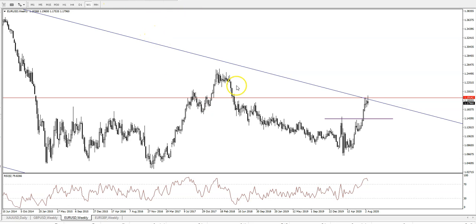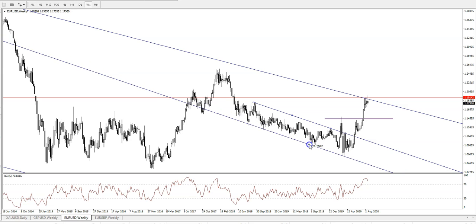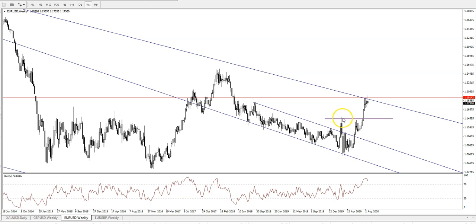The weekly chart has been giving me another decent channel here a few weeks ago before price broke out. This is at the start of COVID-19 in 2020.